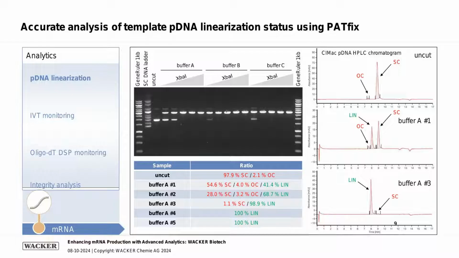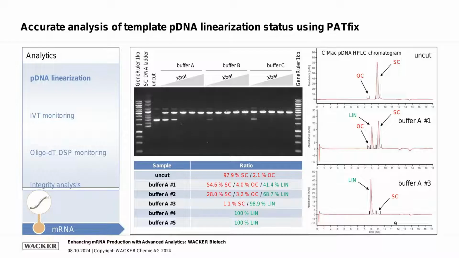And while agarose gel electrophoresis gives you already a good impression of how the linearization status is, a quantification of linear and circular plasmid DNA is quite cumbersome and error prone. And the PATfix device provides a real remedy here. So we use the CMAC pDNA method to analyze these samples.